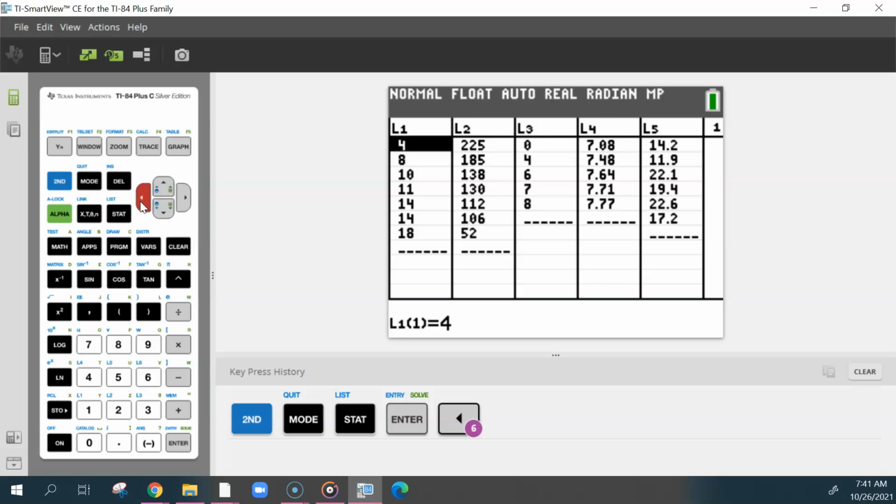Remember, you guys have this data on your quiz, so you don't have to look back at your calculator. You just look on your quiz. Don't worry about L3 through everything else. Just make sure you have L1 and L2 if you're redoing that.